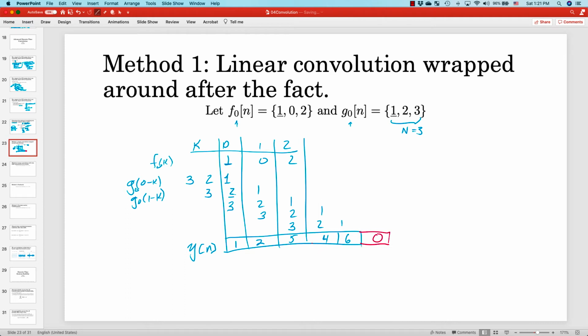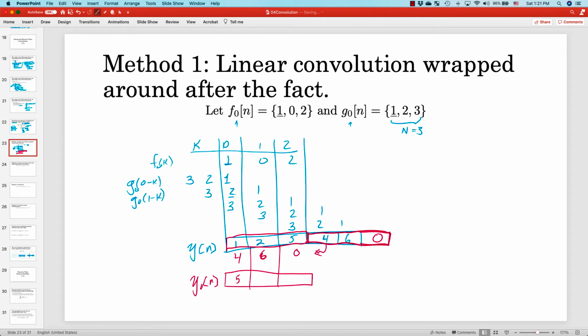And so what I'm going to do now is save the first big N results, and chop off the second big N results and move them down here. So I get 4, 6, 0. And so my final answer, or one period of the result, is going to be the sum of these two rows.